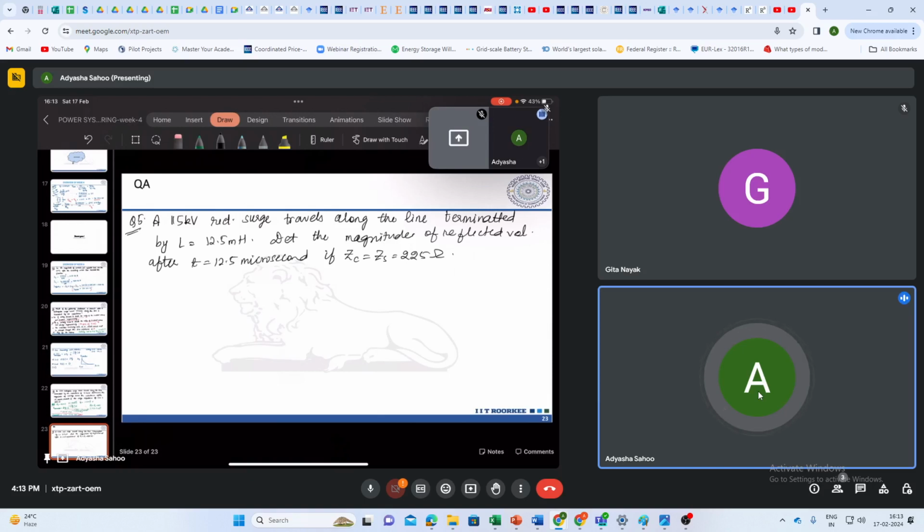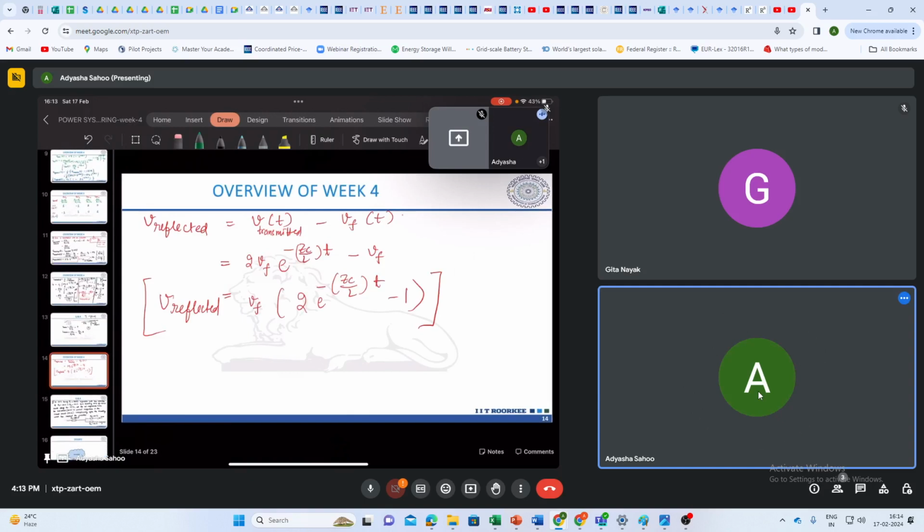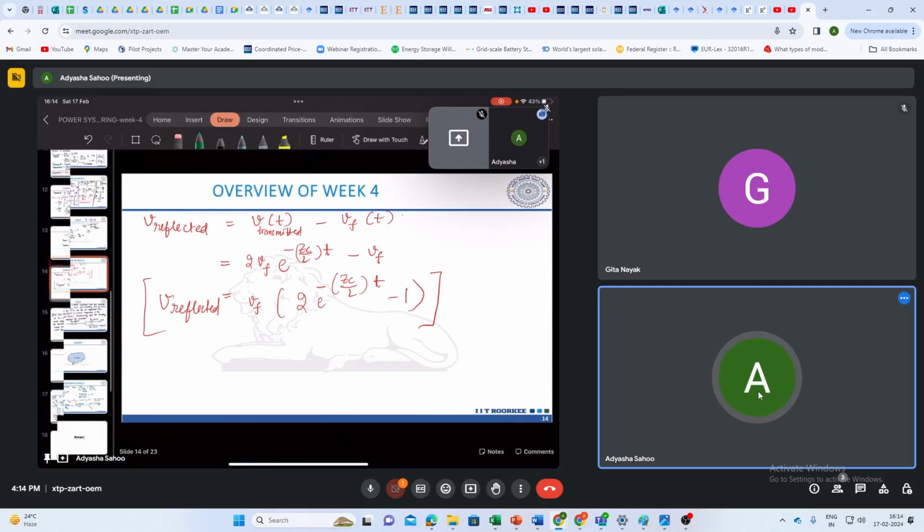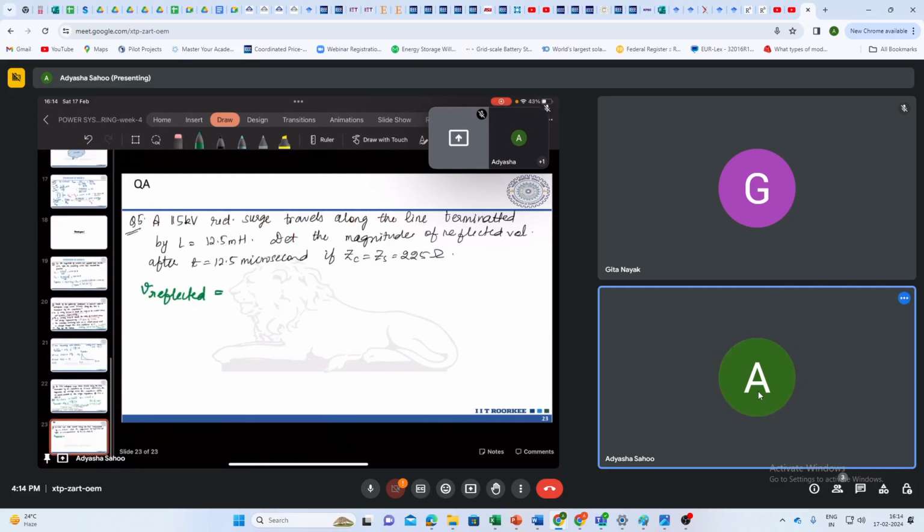So here we need to calculate V reflected, right? This also we had derived the expression for. Let us check what it was. V reflected was Vf into 2 times e to the power minus Zc by L t, minus 1.